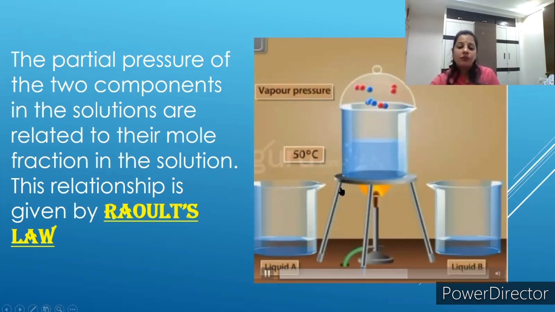Now, vapor pressure of the pure component means if we are not mixing these two, then liquid A will have some vapor pressure that is purely its own. If I evaporate only this liquid, then it will create a vapor pressure, and that is called the vapor pressure of the pure component.